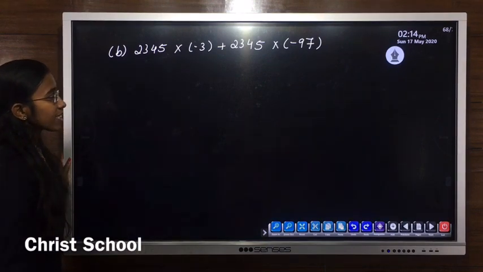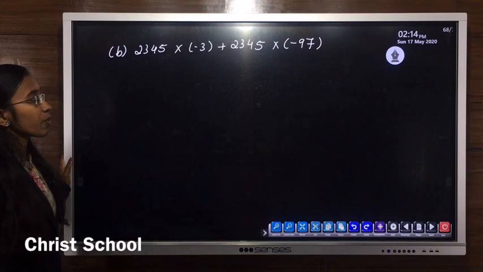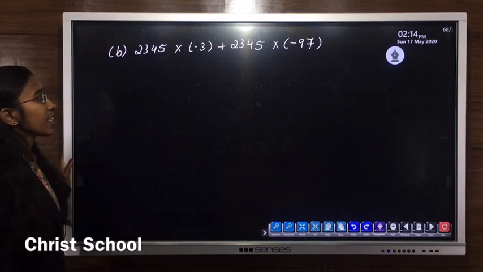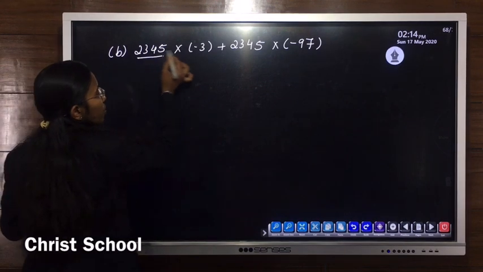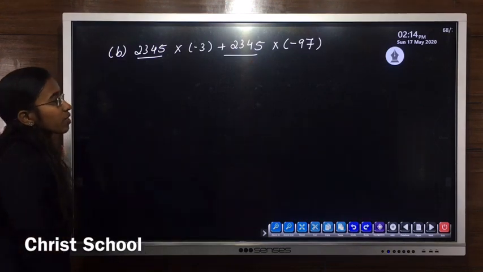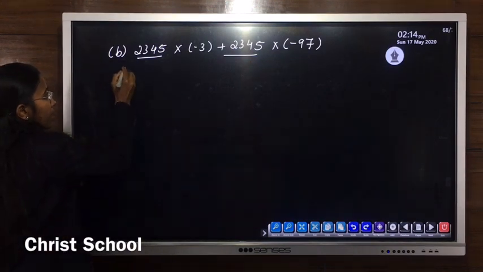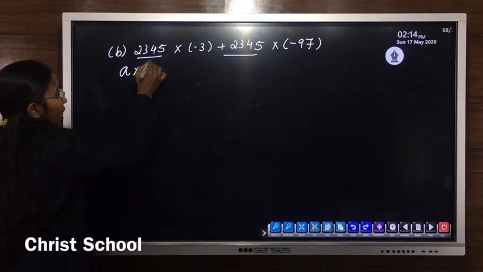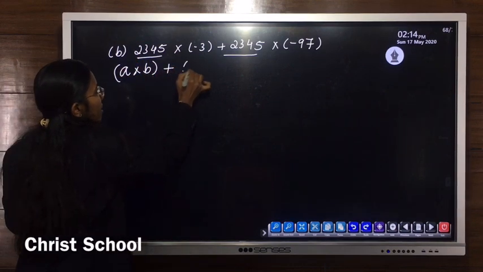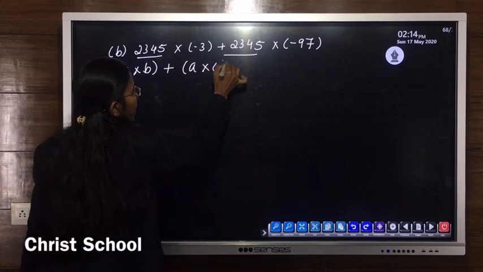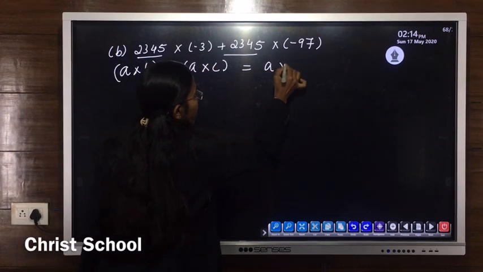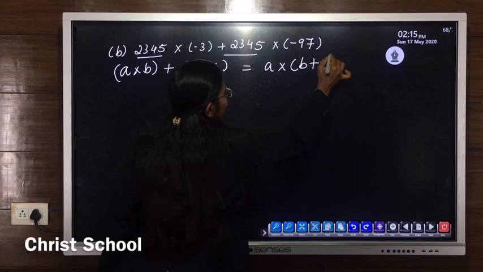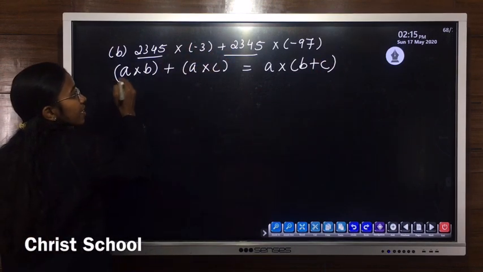2345 into minus 3 plus 2345 into minus 97. Here also two integers are the same, so this is also the distributive property. This is the RHS of the distributive property: A into B plus A into C is equal to A into B plus C. This question is in this form.